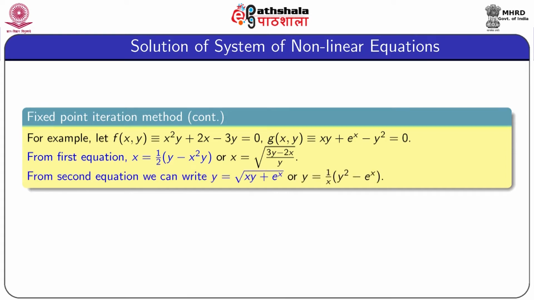And similarly, the second equation can be written as y equal to square root of (xy plus e to the power x), or it can also be written as y equal to 1 by x into (y square minus e to the power x). And many other representations can also be obtained for these two functions. Here only 2 alternatives are given.